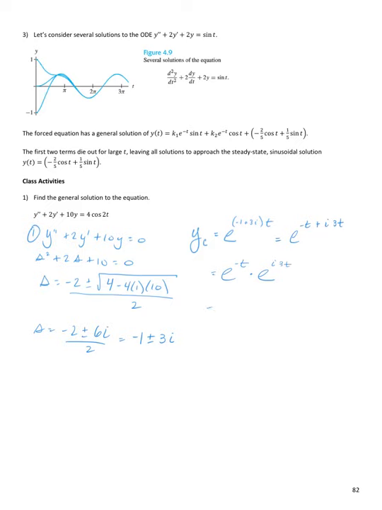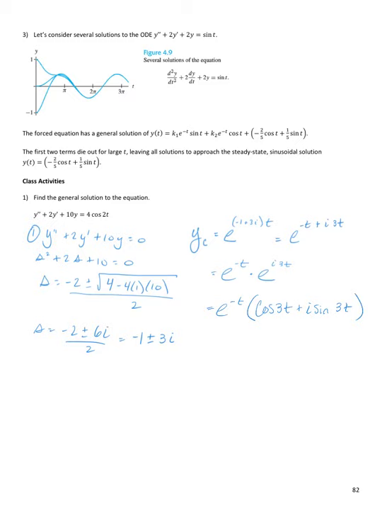And this becomes e to the negative t times, this is e to the i theta, so theta is really like my 3t, so this becomes cosine 3t plus i sine 3t.